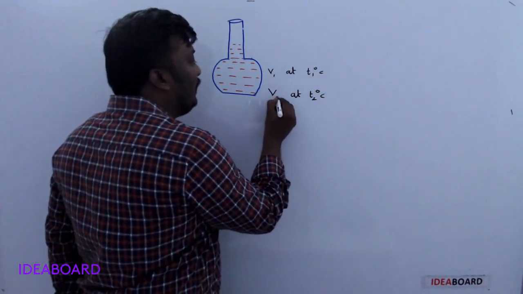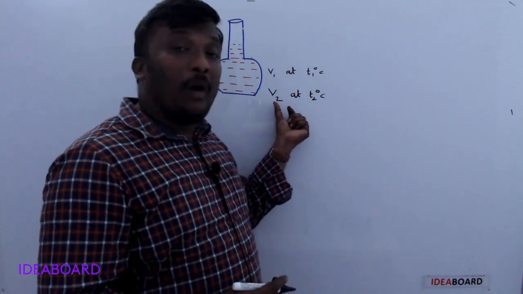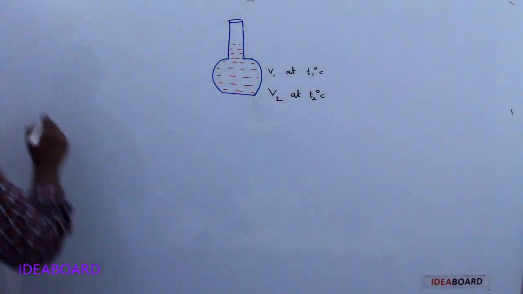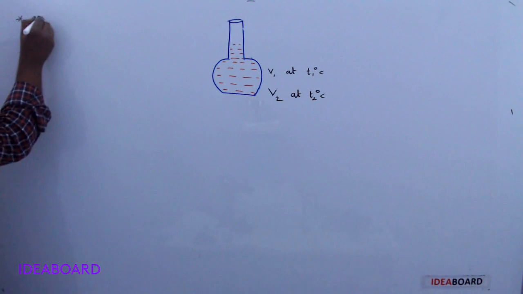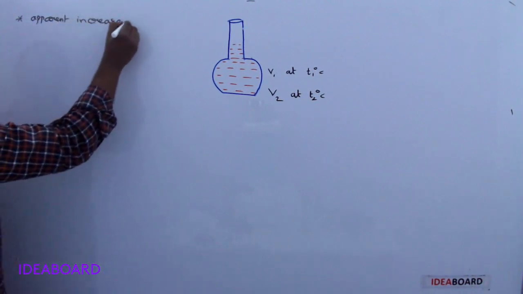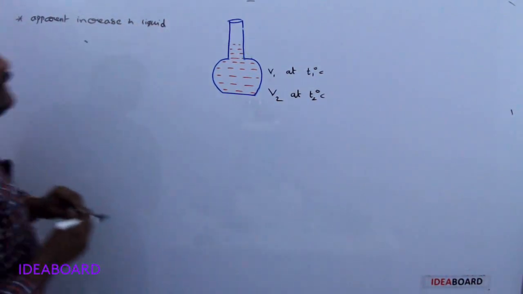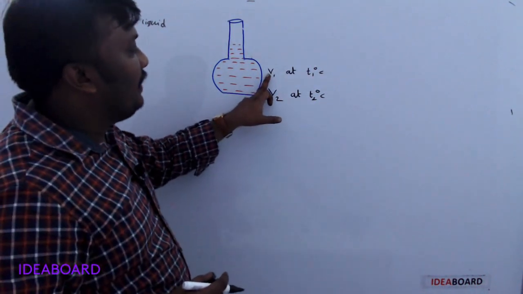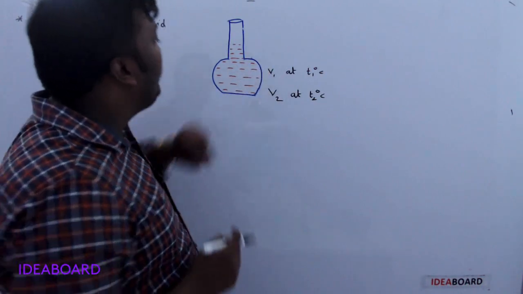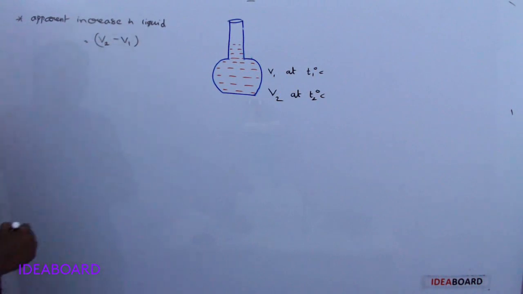So let the apparent volume now be V2. Now just write the apparent increase in volume of liquid. Initially the volume is V1, now the volume of liquid is V2. What is the increase in the volume of liquid? That is nothing but V2 minus V1.